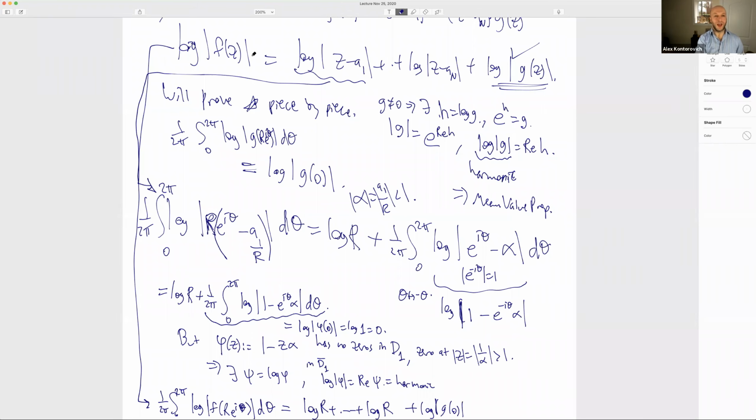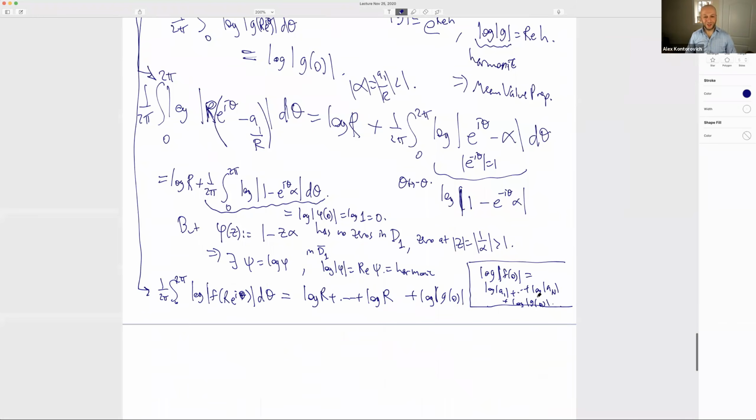What is log of f at 0? Let me have a little aside here while I still can. I'm sticking in z equals 0 in all of these things. This is log of absolute value of a1, plus and so on, plus log of absolute value of an, plus log of absolute value of g of 0. You buy that?